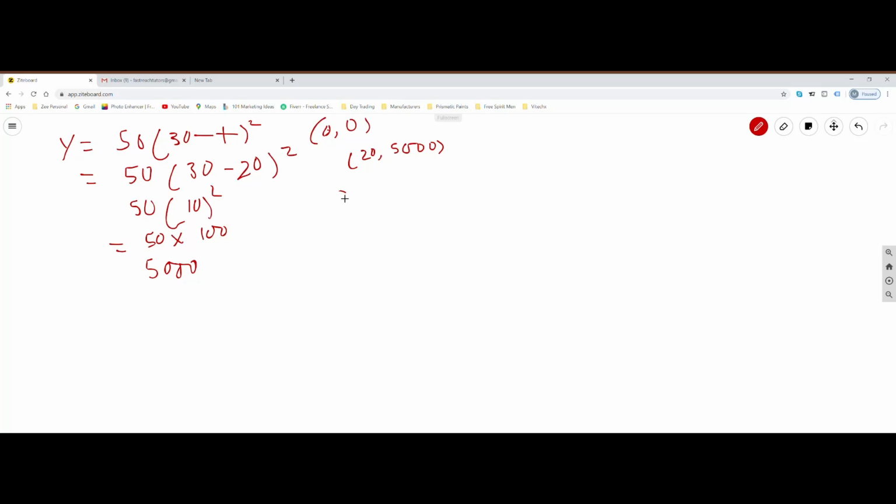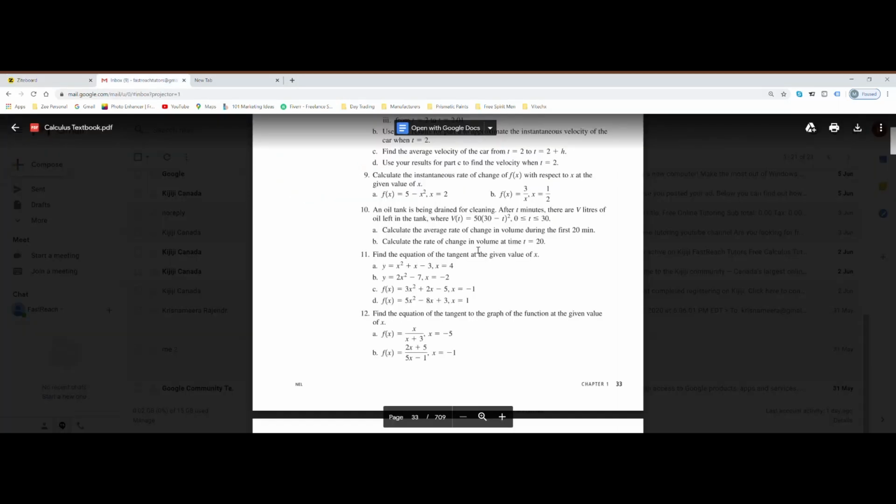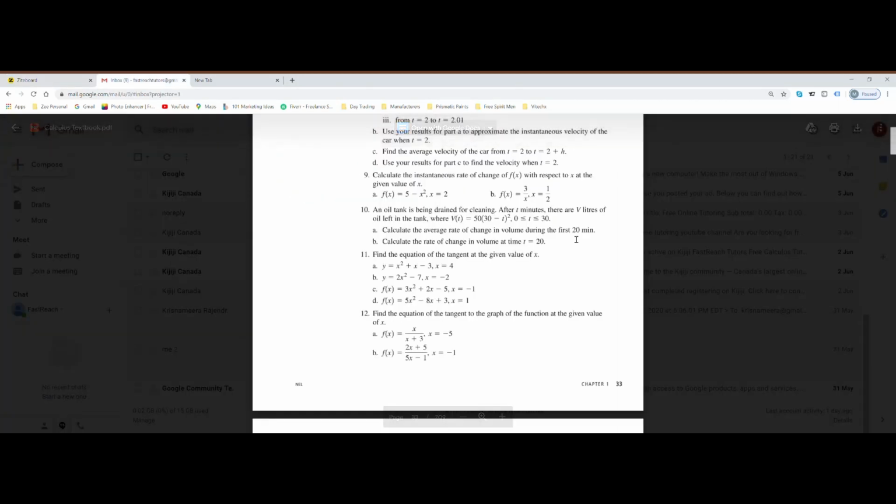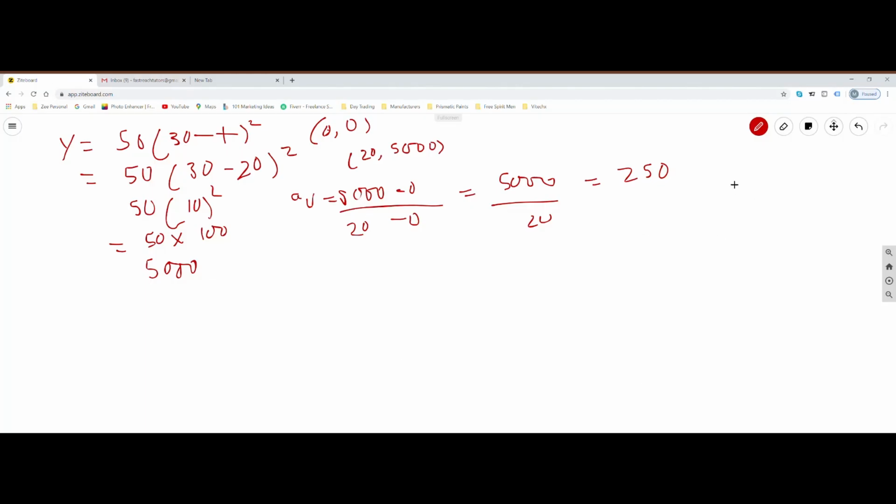So you have 5,000 average velocity equals 5,000 minus 0 divided by 20 minus 0 equals 5,000 divided by 20 equals 250. It's liters per minute.